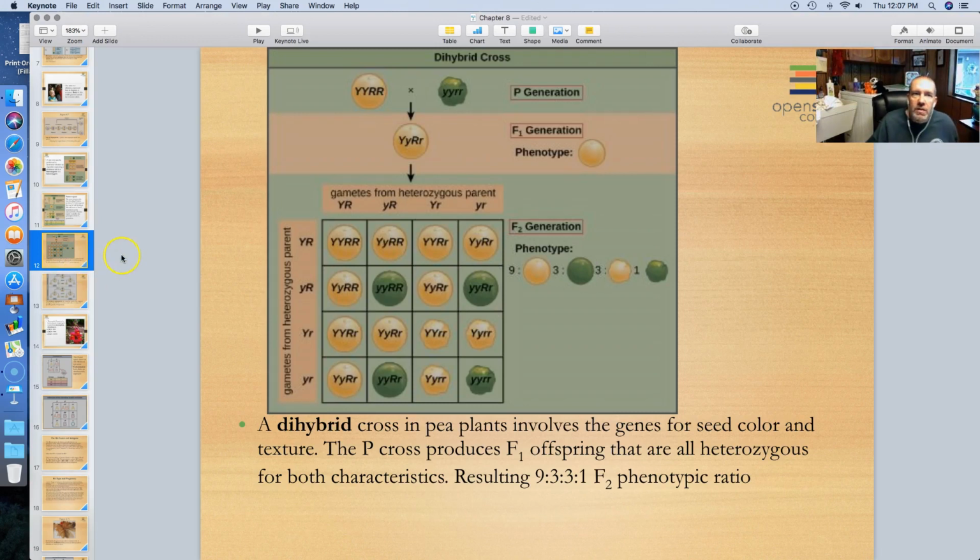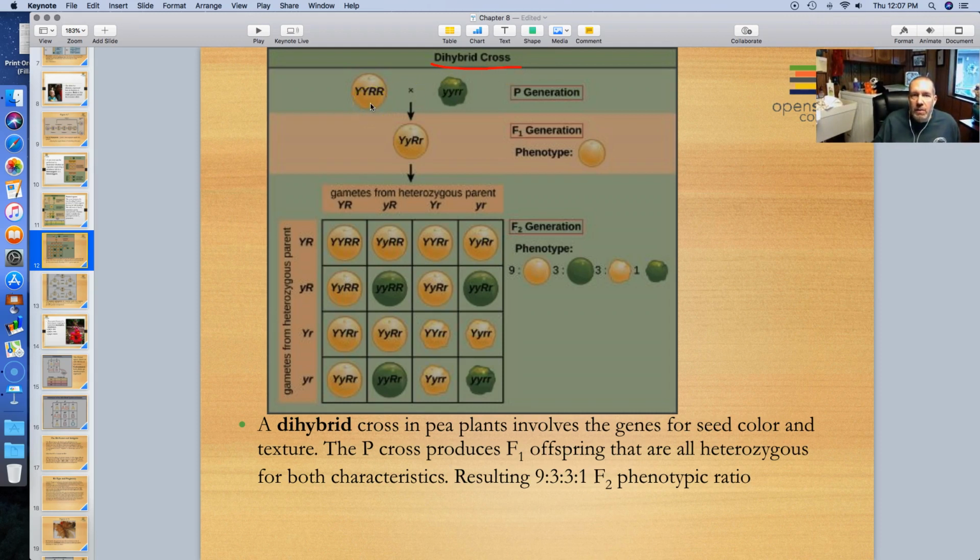Now again, those were just monohybrid crosses, one characteristic. Color of the pea pod, color of the pea, color of the flower. Mendel also conducted dihybrid crosses, which then takes into account 2 characteristics at the same time.